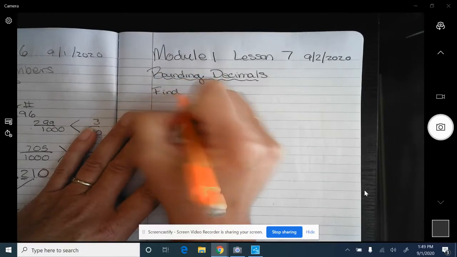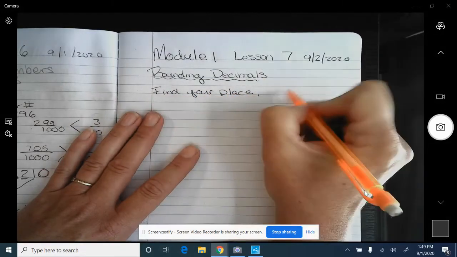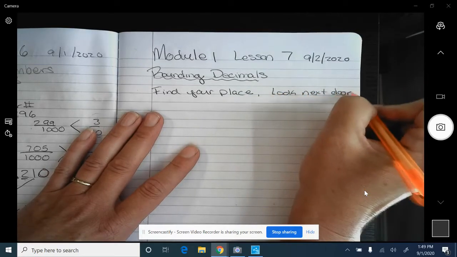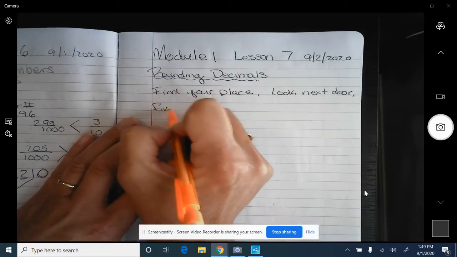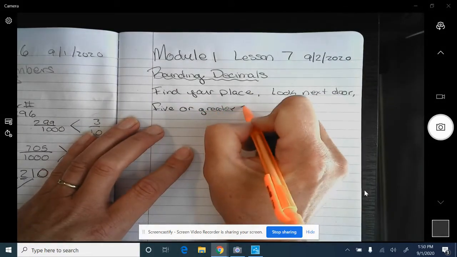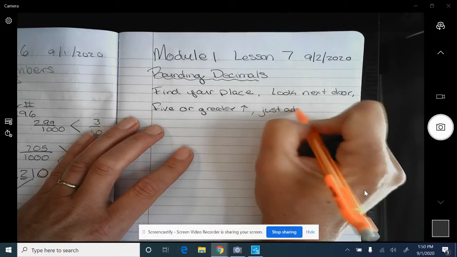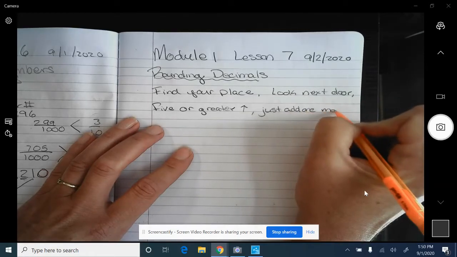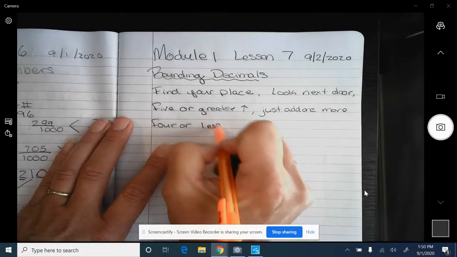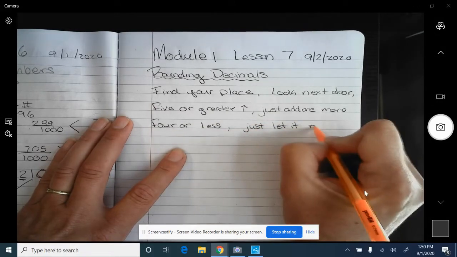So you find your place and look next door. 5 or greater, just add one more. 4 or less, just let it rest.